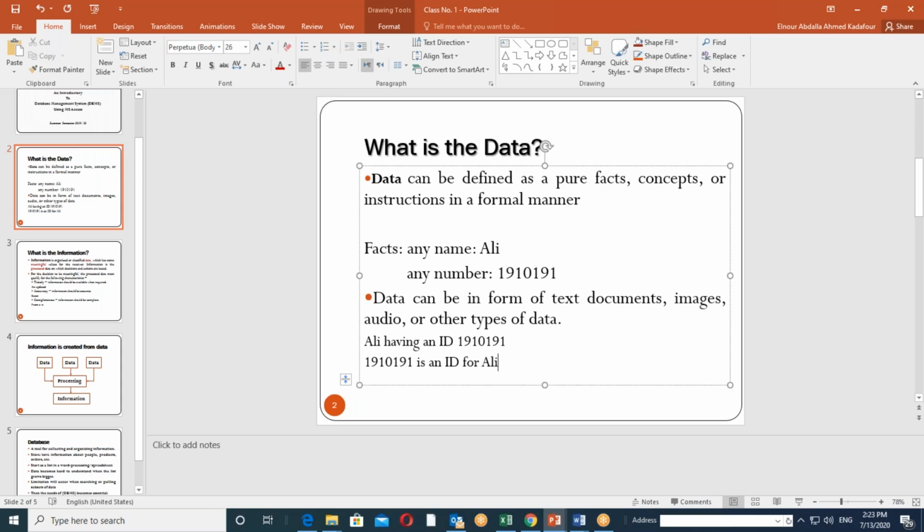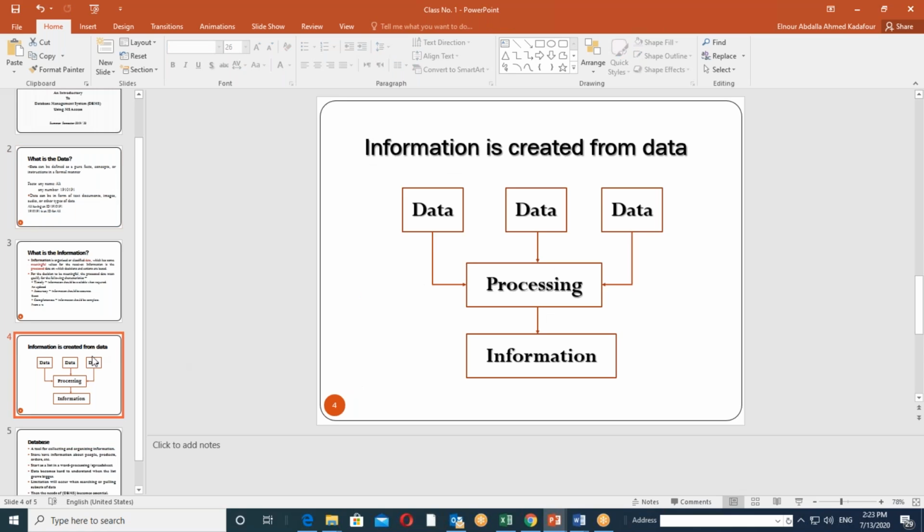Transforming, grouping the data into information, you need an application. Transforming data into information, you need an application. Got it? Now, let us come to the next slide. Over here, information is created from data. Of course, yes.